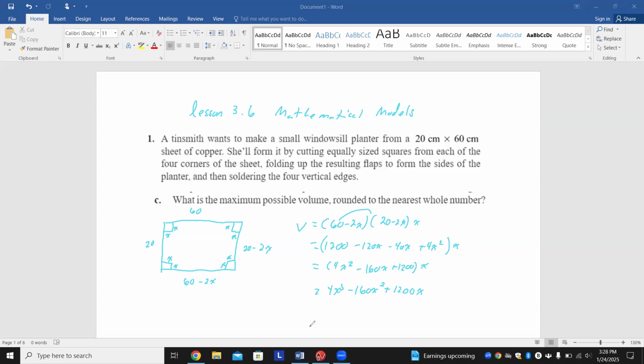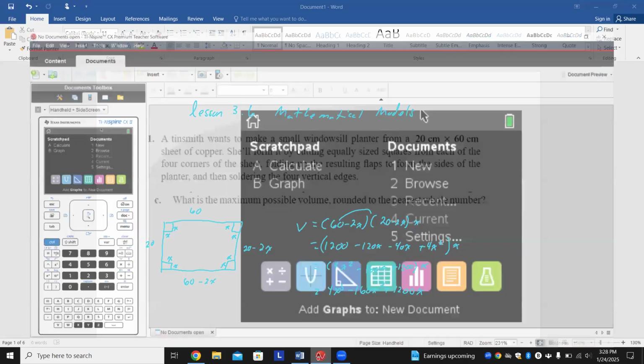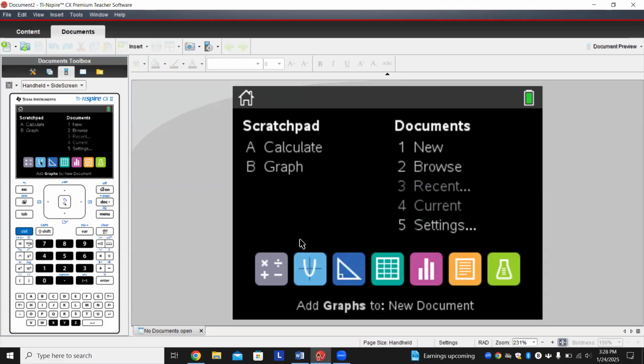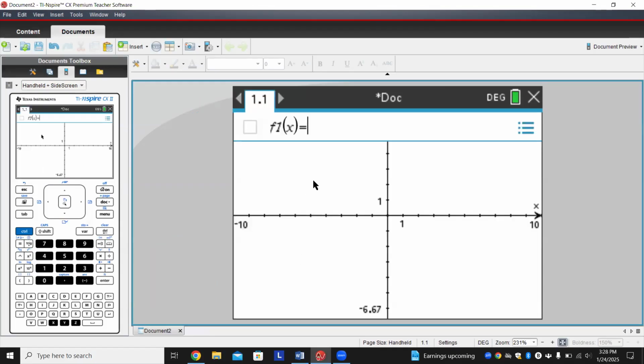Now, again, the best thing to do is to graph this. So let me switch over. Clear the drawings. I'm going to go to my graph here, and type in that equation that we just got, which was 4x.